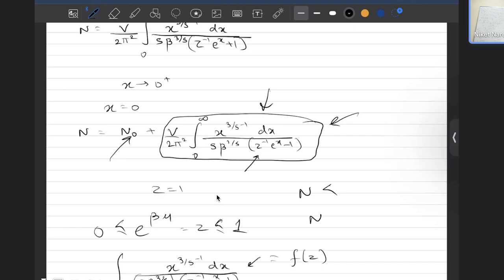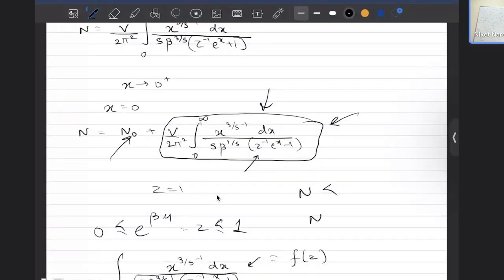So now, when can that condition be satisfied? Anytime when this boxed function is not divergent for z equal to 1. Because if it's not divergent, this right hand side number converges to some value, I can simply put in more particles, increase the particle density, and get condensation.